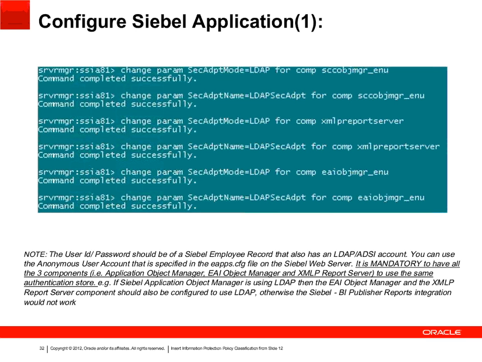As the note suggests, it is very important that all three components, the application object manager, EAI object manager, and the XMLP report server component, use the same authentication store, either LDAP or ADSI.